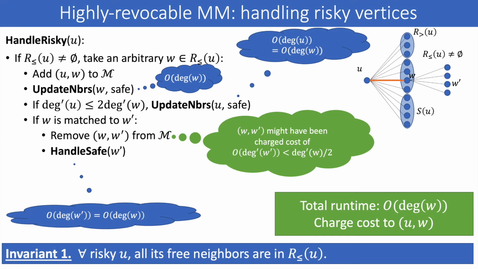Another key point here is that edge WW prime might have been previously charged with some costs, but this cost is proportional to the minimum of the degrees of its endpoints, which is degree of W prime. By the properties of risky and safe vertices, we know that W prime has degree less than degree of W by a factor of at least 2, which allows us to bound the total cost assigned to UW by a geometric sum which evaluates to O of degree of W as required.